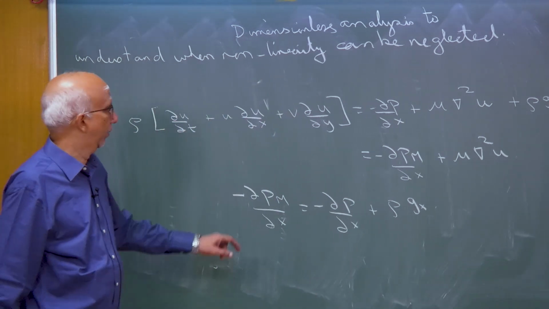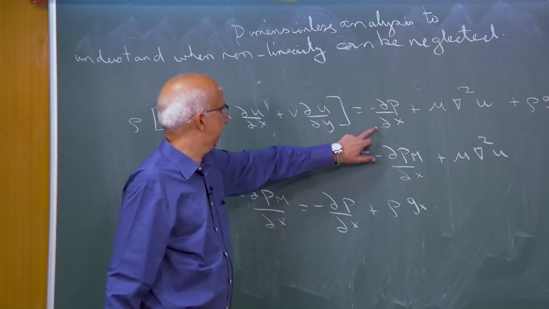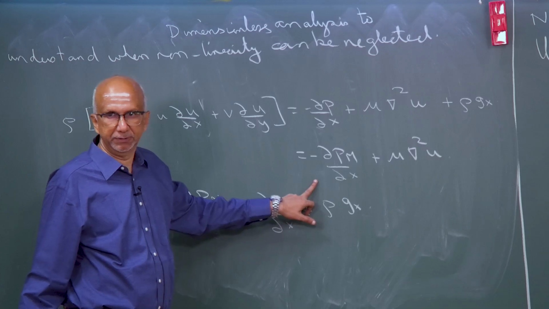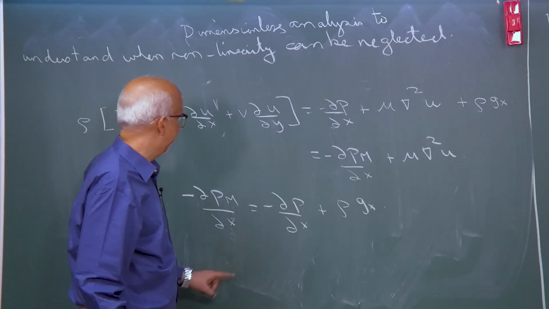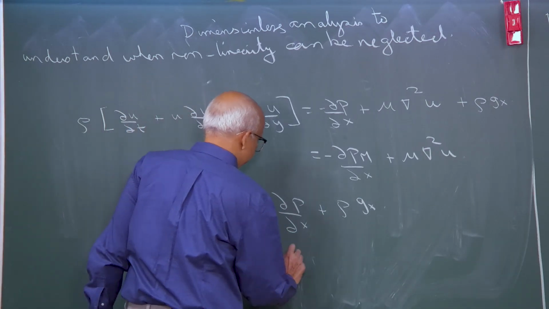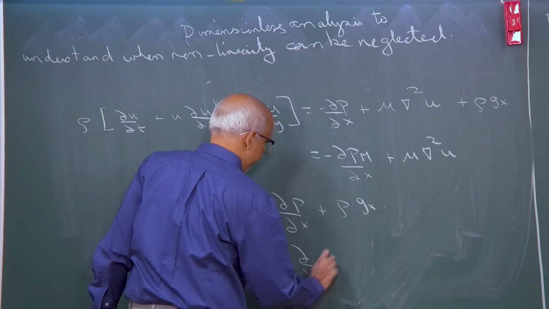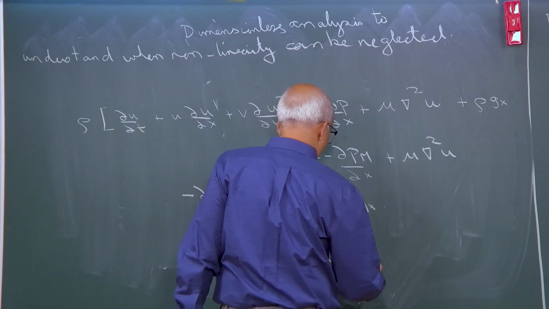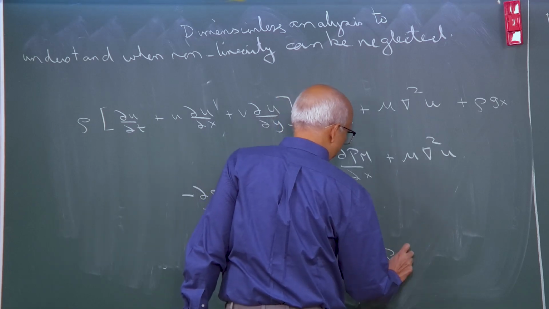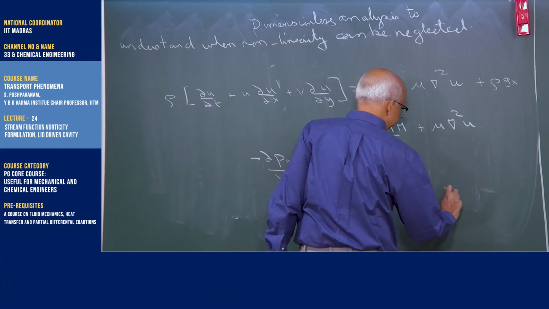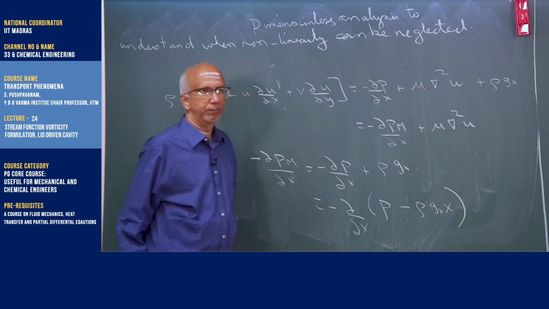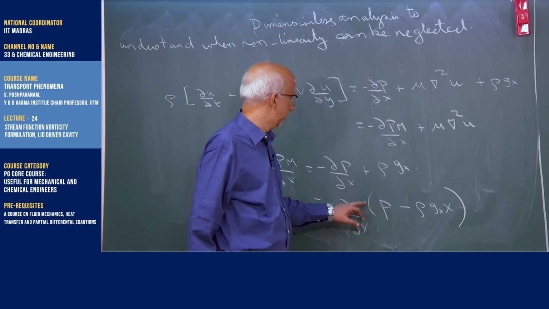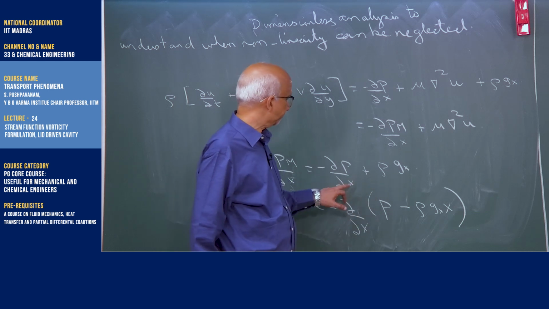What have I done? I am combining minus dp by dx and rho gx into one term, minus dpm by dx, and this can be written as minus d by dx of p minus rho gx x. Is this clear?